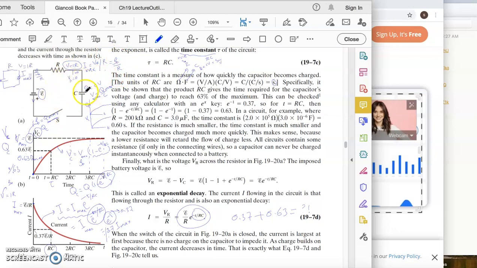But while charging, let me write the equation using Kirchhoff's law. Epsilon minus the voltage across the capacitor minus the voltage across the resistor is equal to 0. If we go through this loop, it is epsilon minus the voltage drop across the capacitor minus the voltage drop across the resistor.